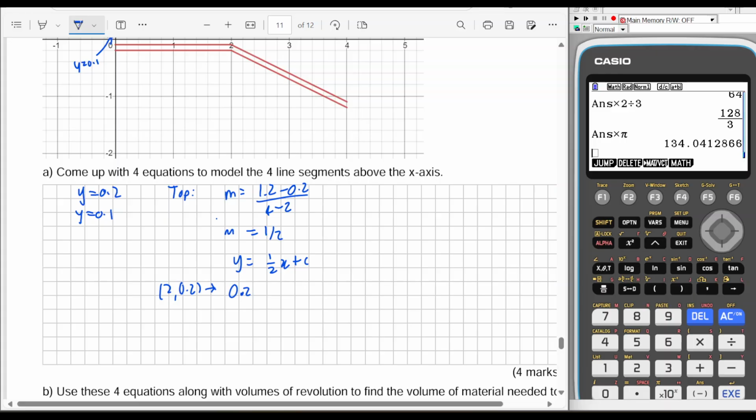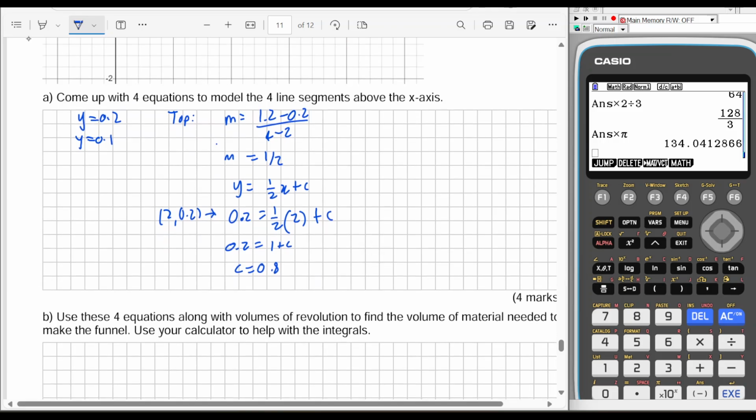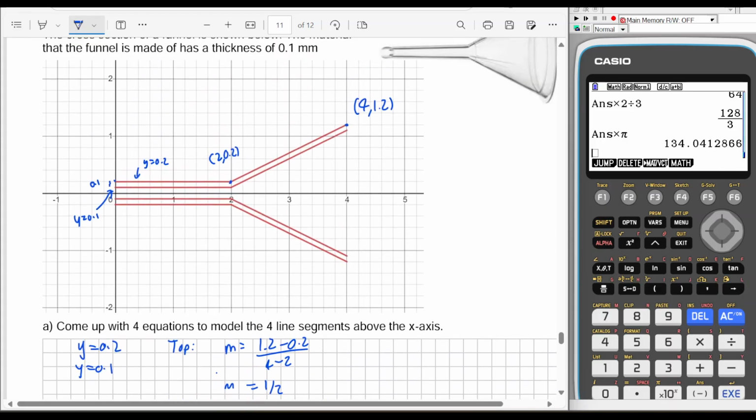So you're going to get 0.2 is half x plus c. Yep, so we want to do that and sub in the x value. So the x value was 2. So 0.2 is 1 plus c. So c is minus 0.8. You can sort of imagine tracing this line back.